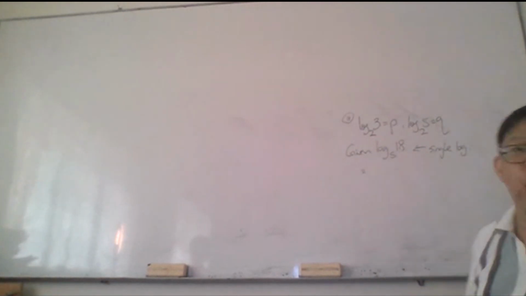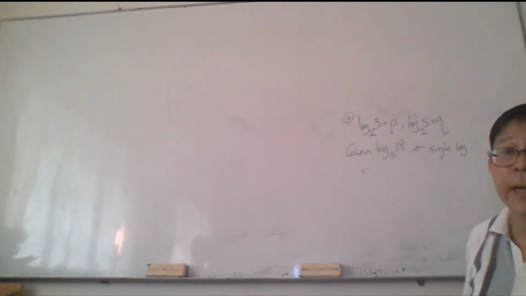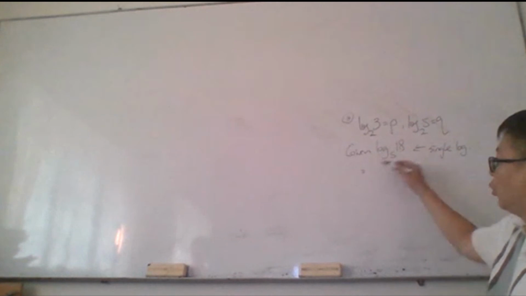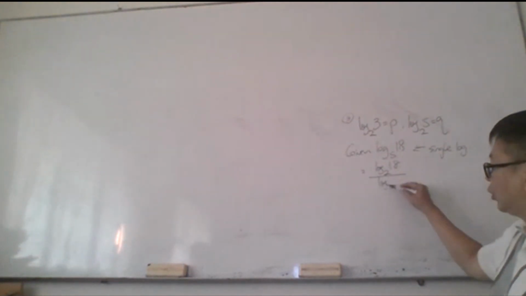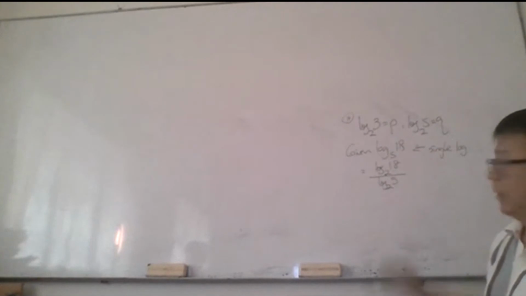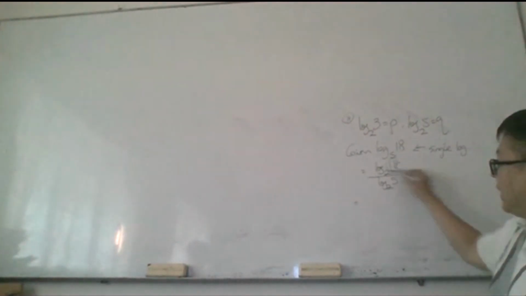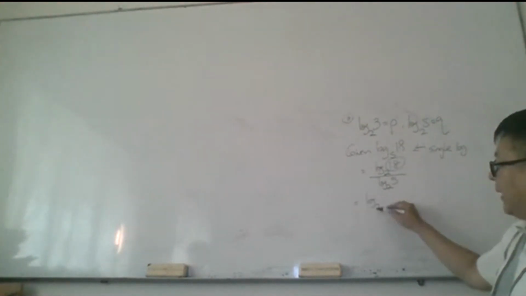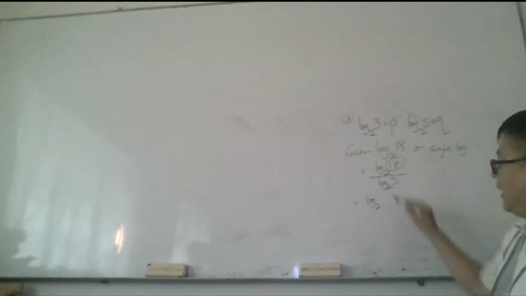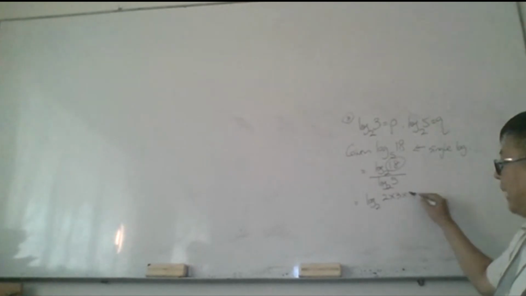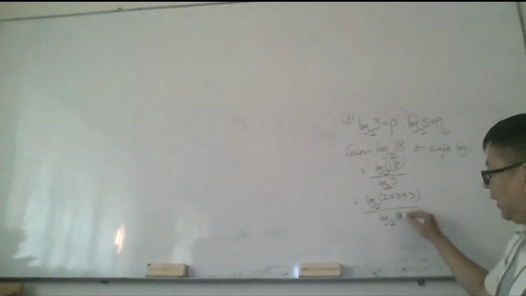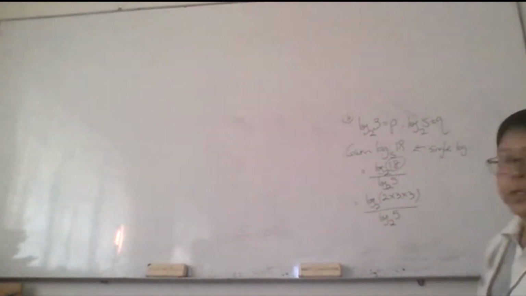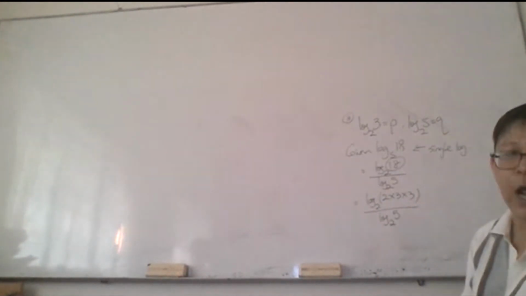I will first of all change to the new base of 2. So log 2, 18 over log 2, 5. For 18, I will think about the number: 18 can be 2 times 3 times 3. For the denominator, just put back log 2, 5.